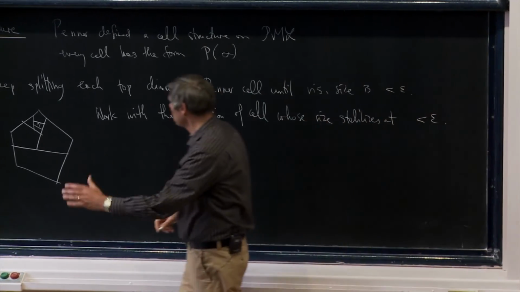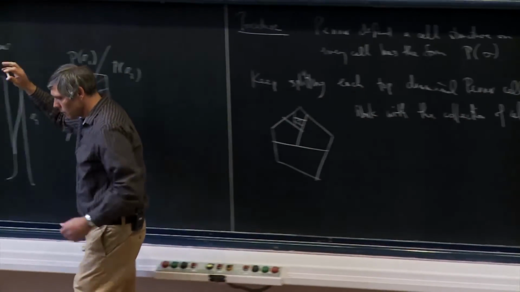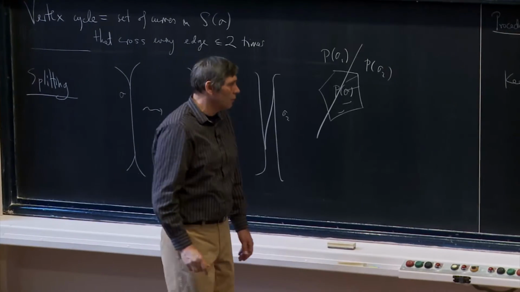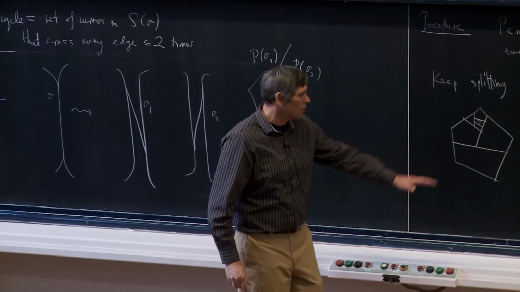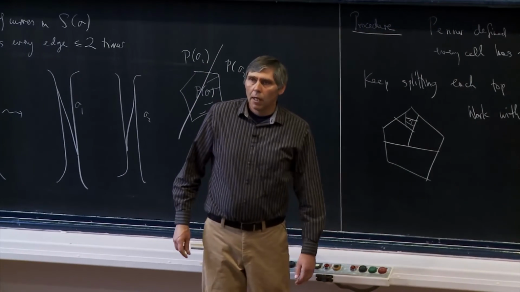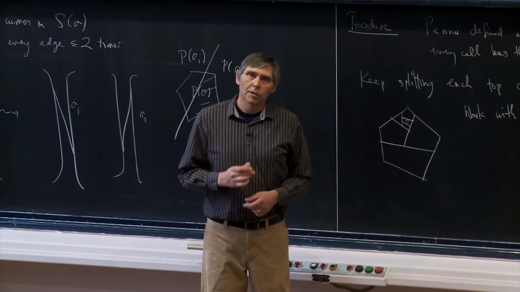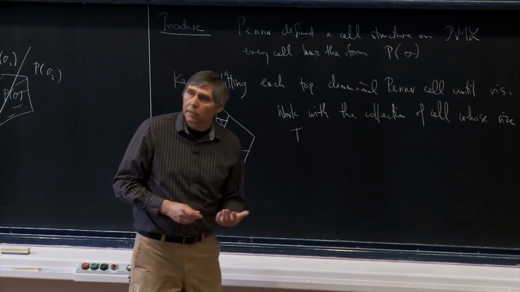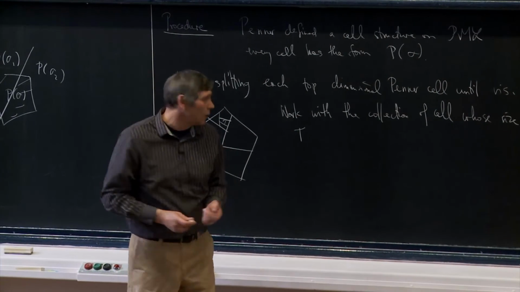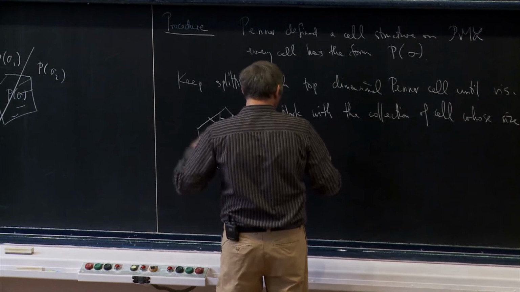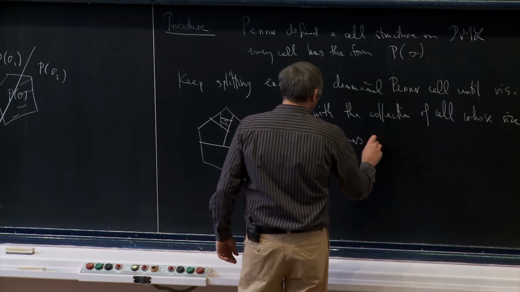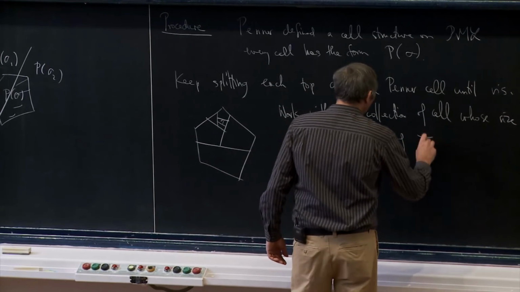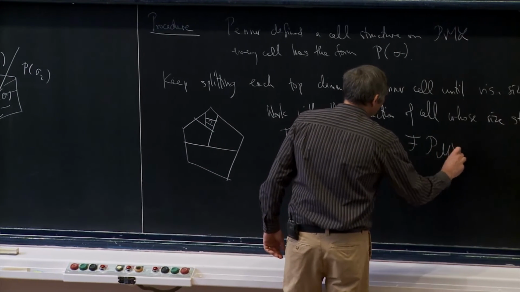Once it's less than epsilon, you don't subdivide it again. Other cells get subdivided infinitely many times. You don't do anything with those. So just look at those cells that stabilize. That collection of cells covers FPML. It doesn't cover all of PML. It doesn't cover these short curves, for example. But it covers all the filling laminations. All of FPML.